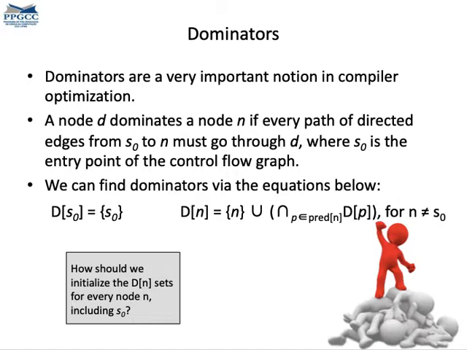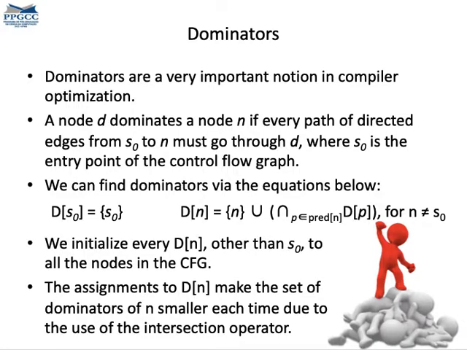Notice that a node dominates itself, and that the only dominator of the starting node must thus be itself. About the other nodes, we initialize their dominance set with all the other nodes in the CFG. No worries, if you look into the second equation here, you will see that it uses intersection.